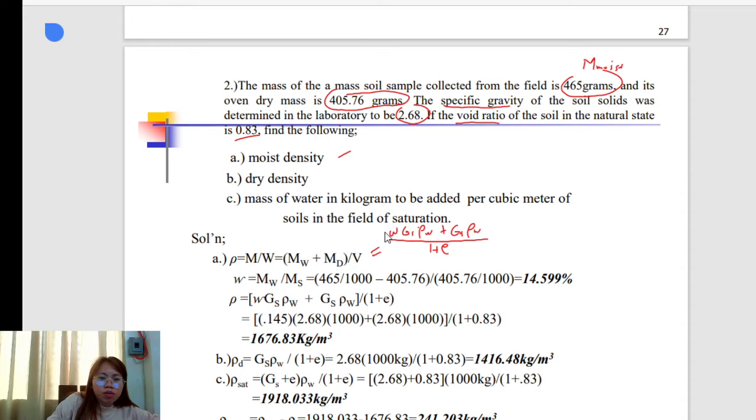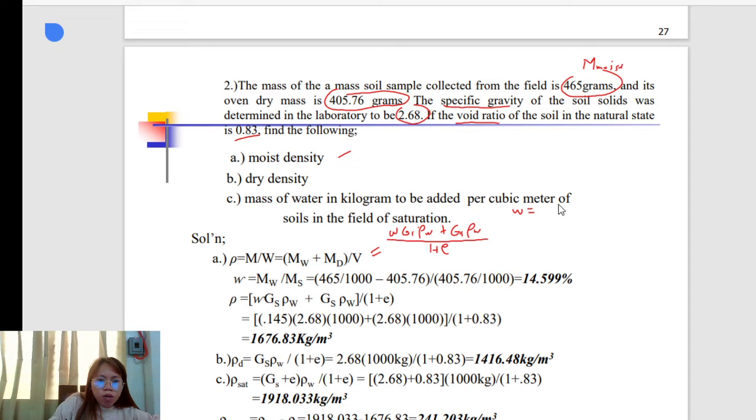But first, we have to get the moisture content w. To get the moisture content w, that is equal to the mass of the water divided by the mass of the solid.